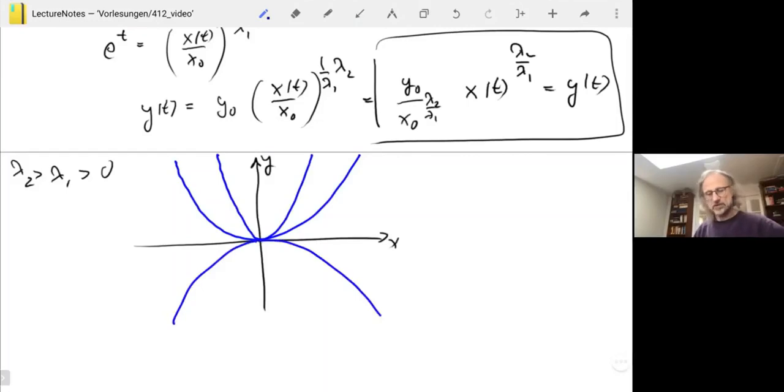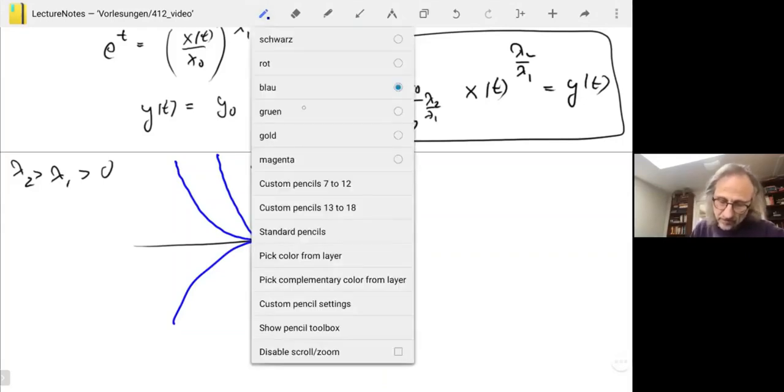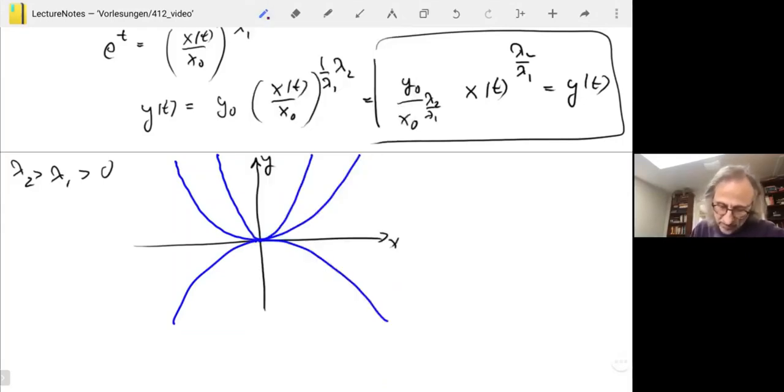So these would be trajectories if lambda 2 is bigger than lambda 1 and both are positive, which means I can associate a flow direction. The trajectory is this, and this is the parabolic shape that I've calculated here.